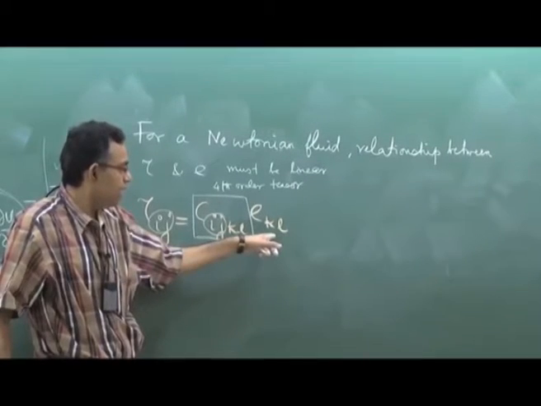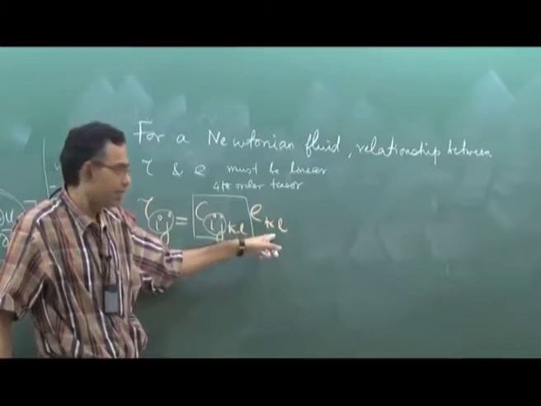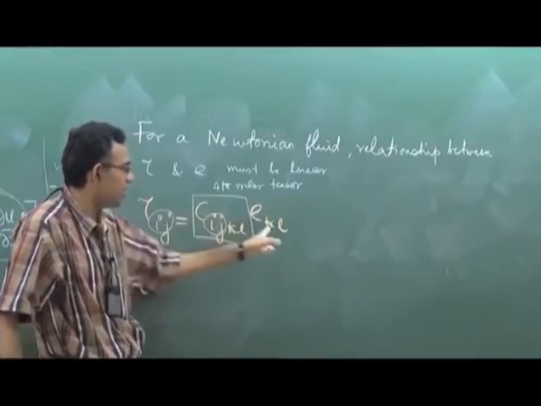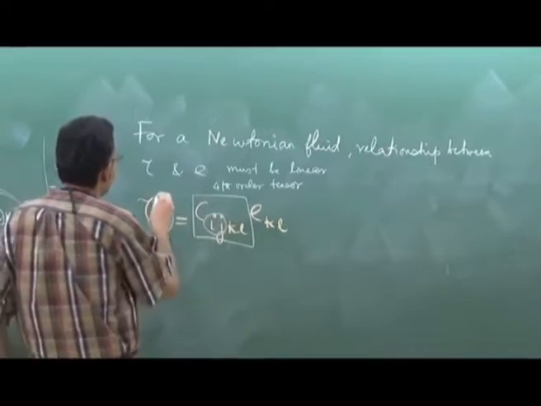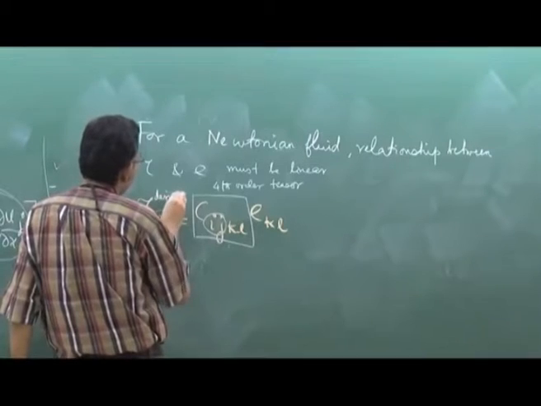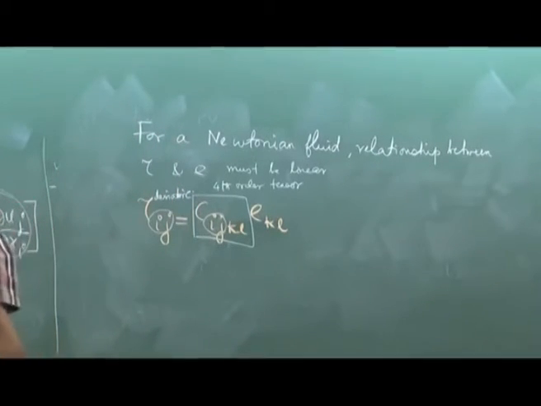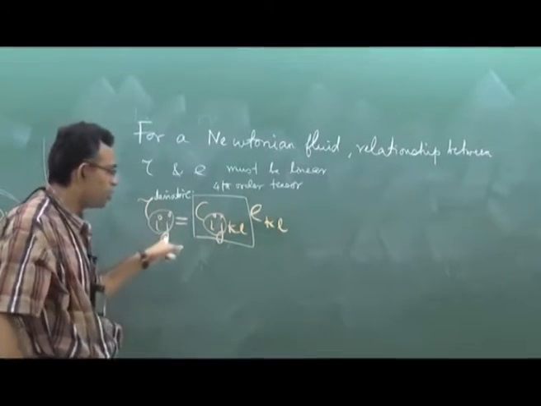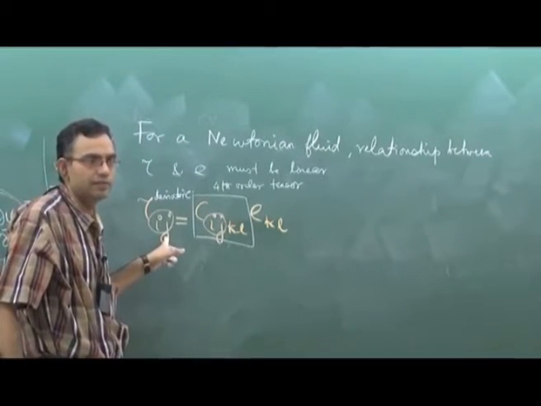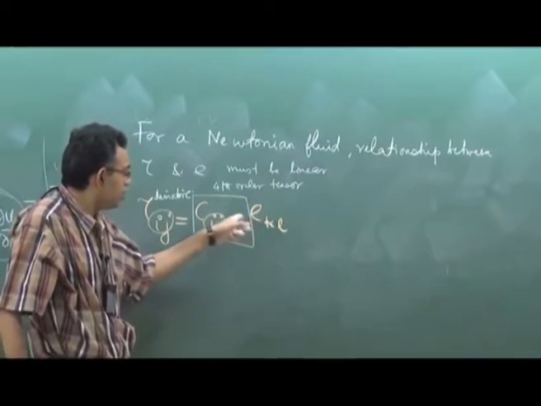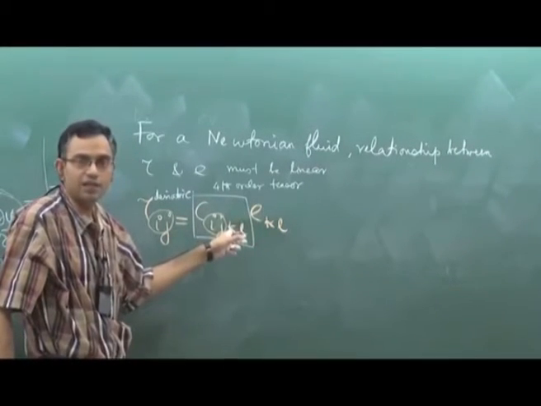Now what does it mean? It means that you can write the rate of the stress in terms of the rate of deformation. This is tau ij deviatoric, you must remember. This is not the total tau, this is tau ij deviatoric, the deviatoric component of the stress, and it is related to the rate of deformation through the fourth order tensor.